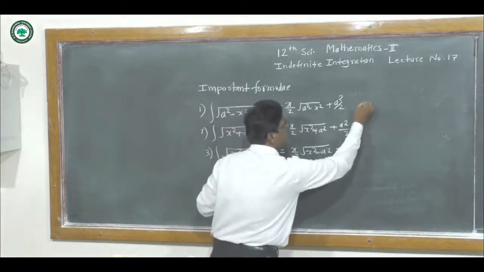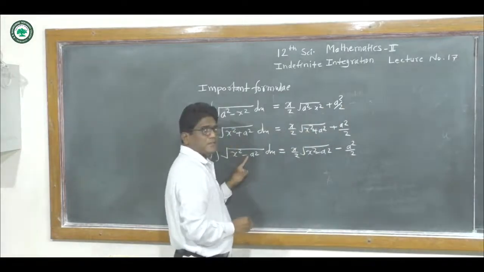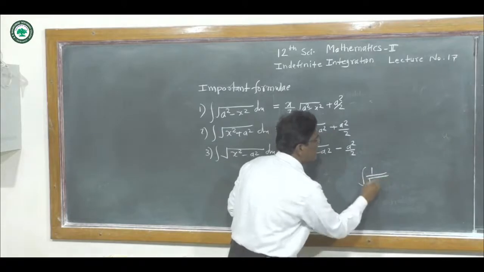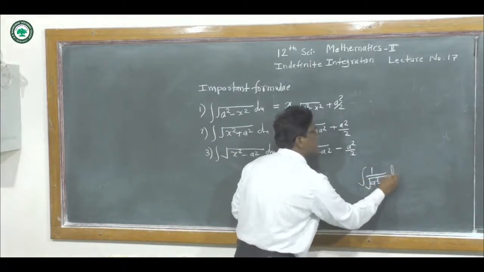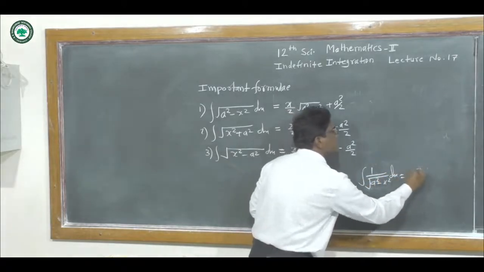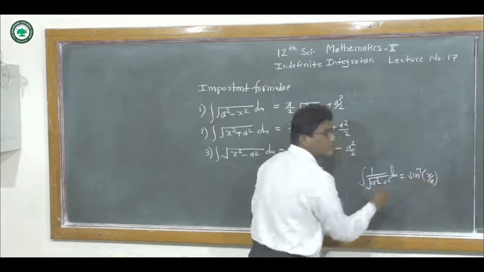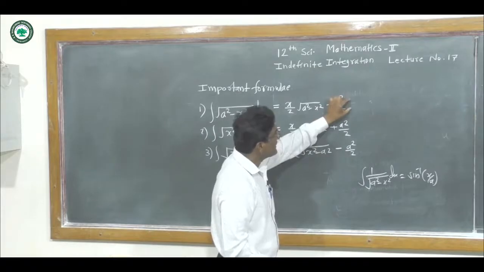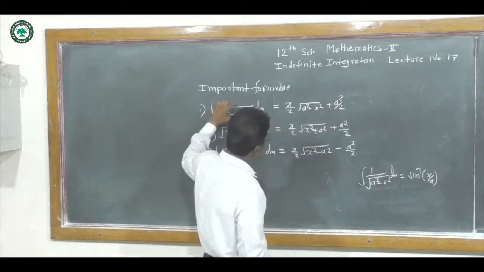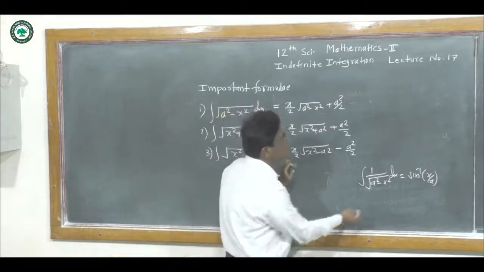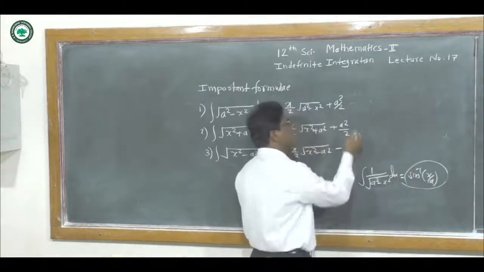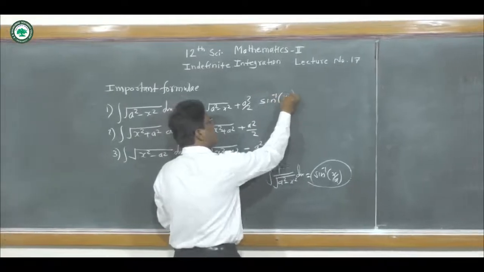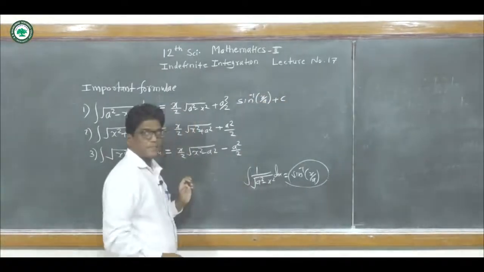Now here we have to write the formula of integration of 1 upon under root of a square minus x square dx. What is that? That is equal to sine inverse of x upon a. So put here sine inverse of x upon a, and then write plus constant of integration.